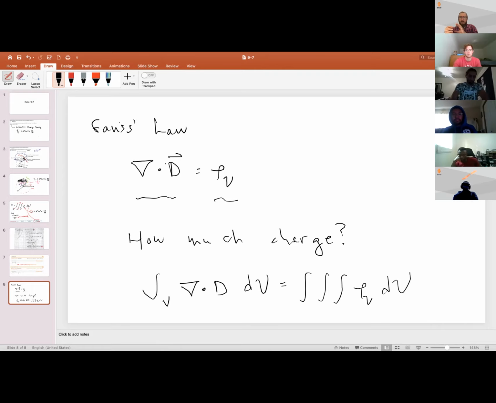The charge is something that you could actually see or touch, like electrons, whereas the field is something that you can't see or touch, but you can measure the effects of it. So this whole class, we're going to be looking at these relationships between charges and fields.